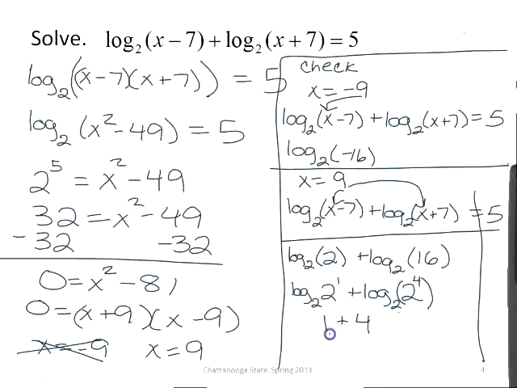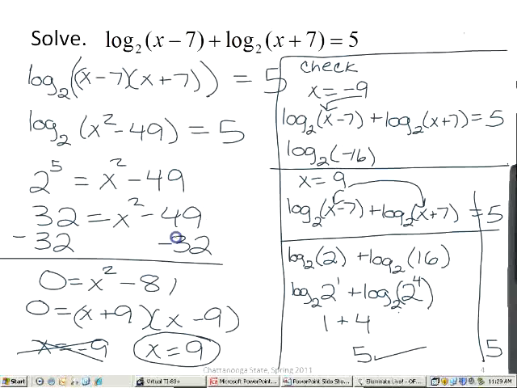So the log base 2 of 2 to the 1st power is 1. And the log base 2 of 2 to the 4th power is 4. So I have 1 plus 4 is 5. So the positive 9 is a solution.